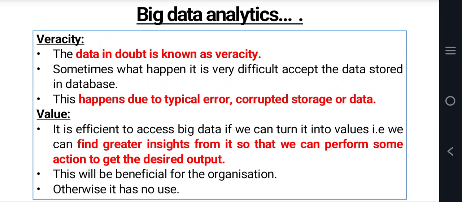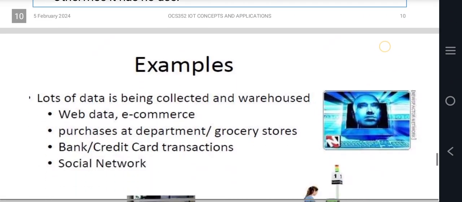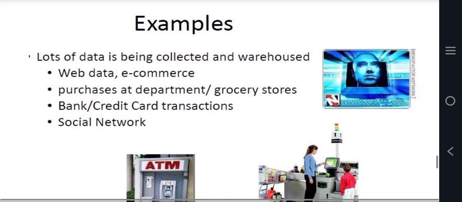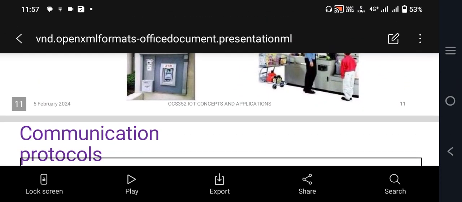Otherwise, this particular value has no use. Examples are, a lot of data is being collected and warehoused in big data analytics. Some of the examples are web data, e-commerce, purchases at department or grocery stores, transactions done by means of bank as well as credit card, and next social network.